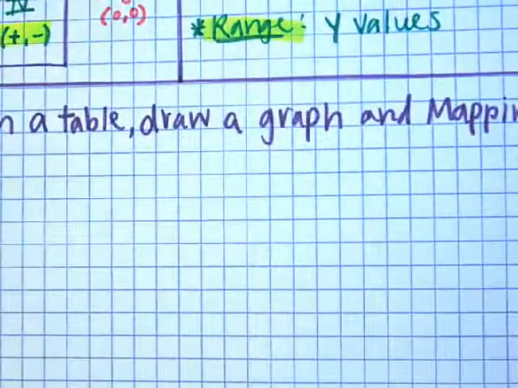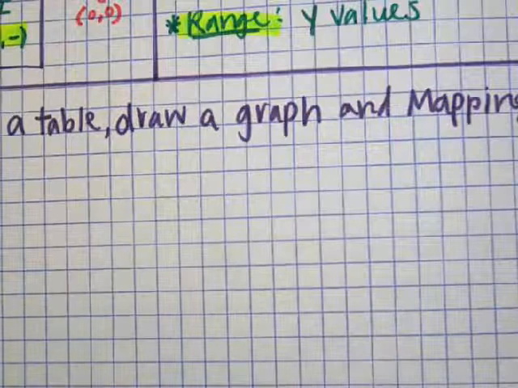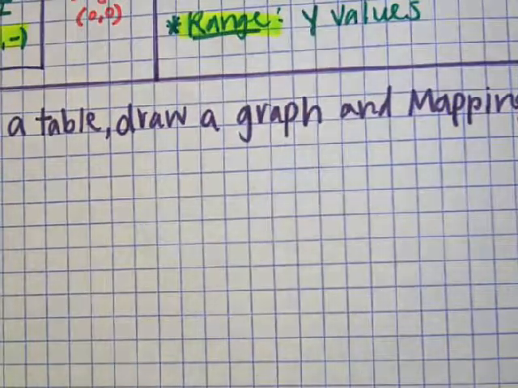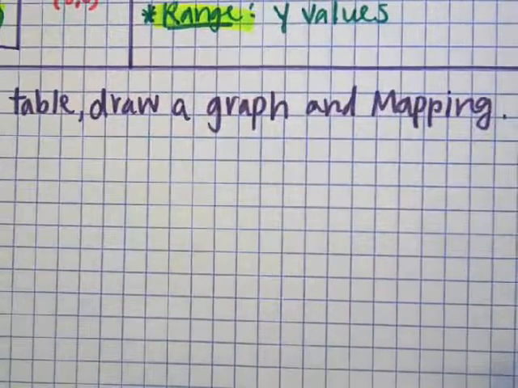A graph and mapping, and I'll explain what mapping is later. So I'm going to give you a table, and you guys are going to make a graph out of that, and then a mapping. I'll show you what that is in a minute.